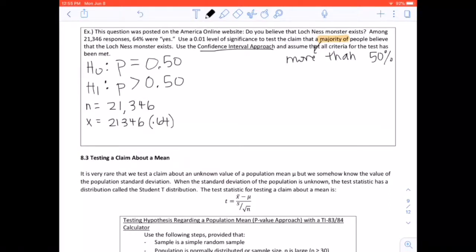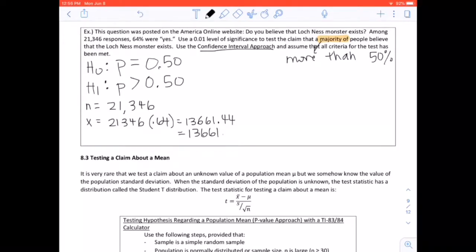When we multiply this out, we get 13,661.44. And we need to round this to a whole number. So rounding this to a whole number, we get 13,661. That would be our value for x.